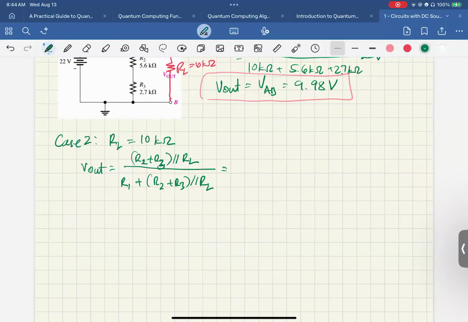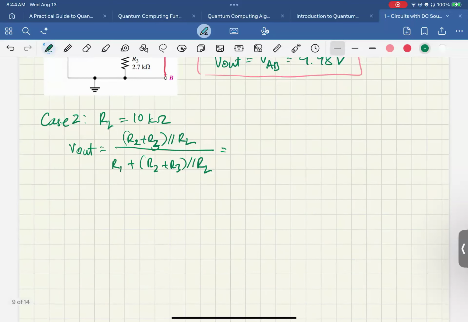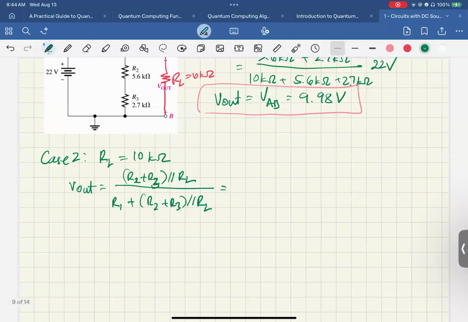So this is R2 is 5.6 kilo ohms. Siyempre gusto nating mas simplify ito. May nakalimutan ako dito. Anong nakalimutan ko? Yung 22 volts.